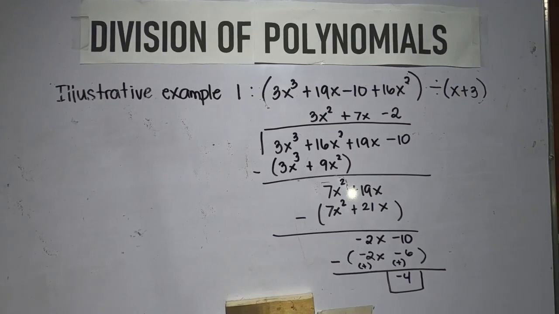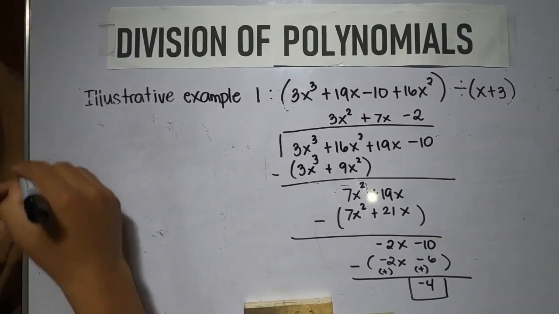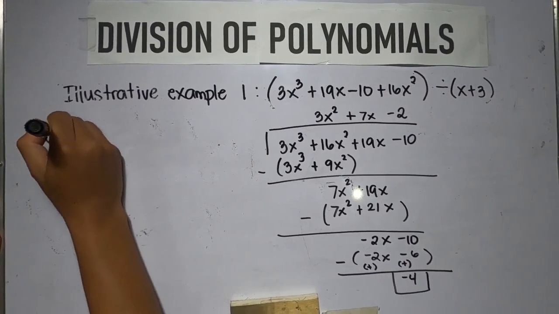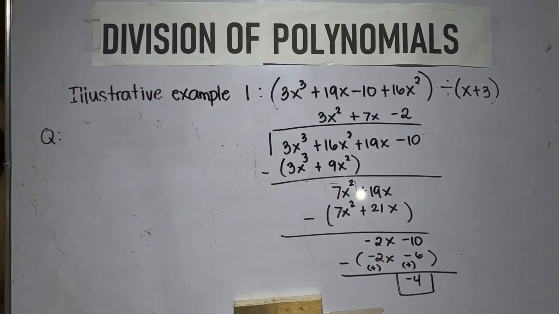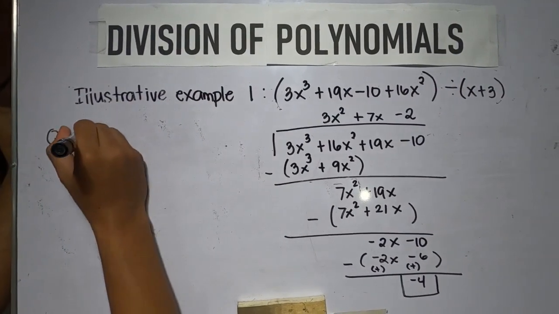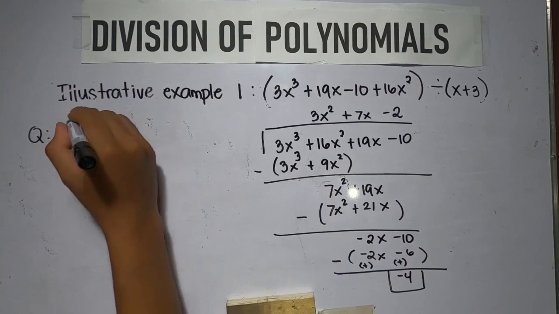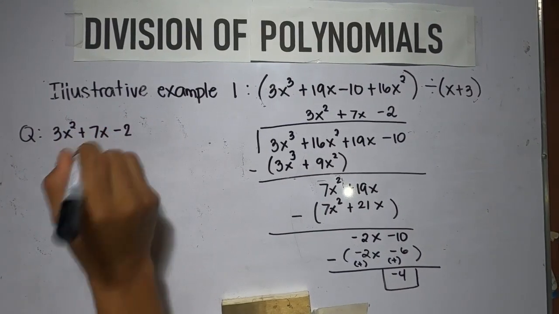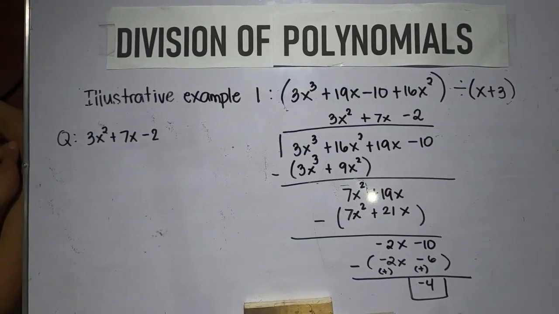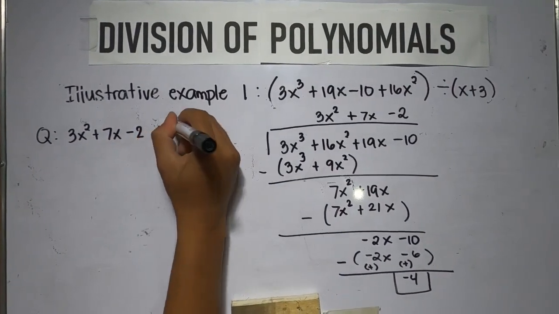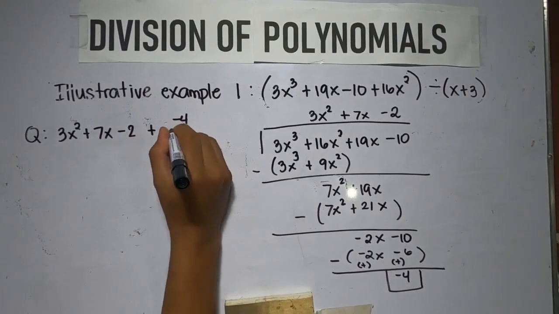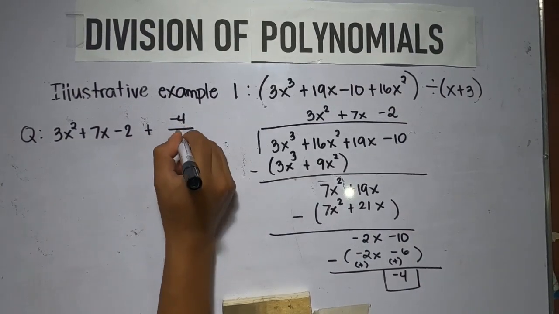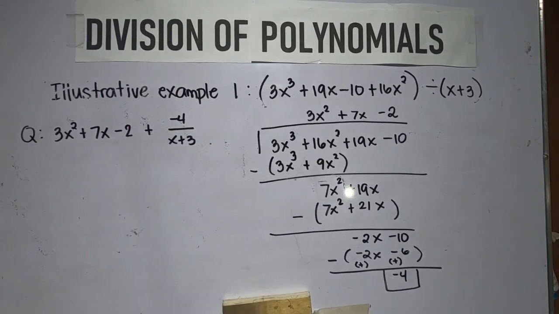We will write our final answer as quotient. Quotient is equal to 3x squared plus 7x minus 2 plus the remainder of negative 4 over x plus 3.